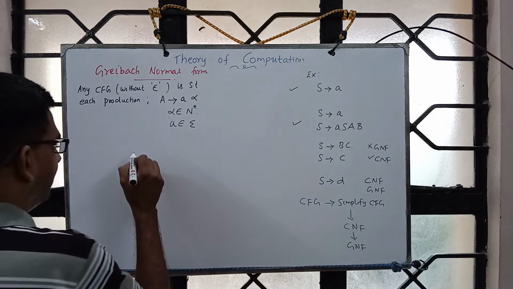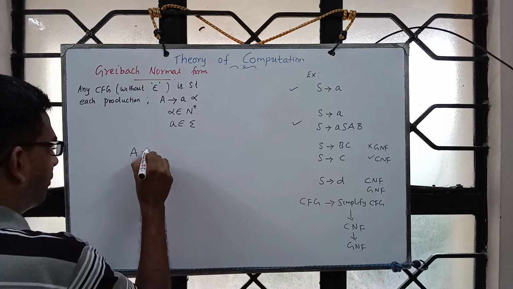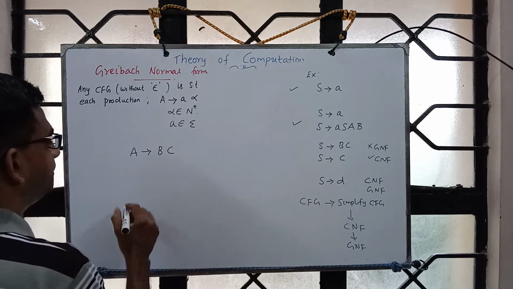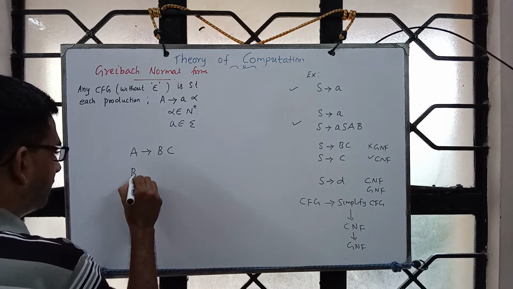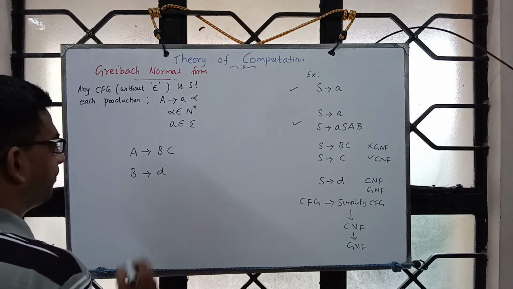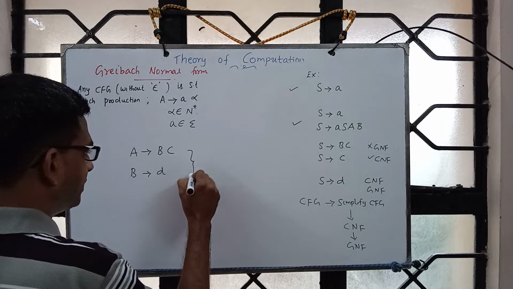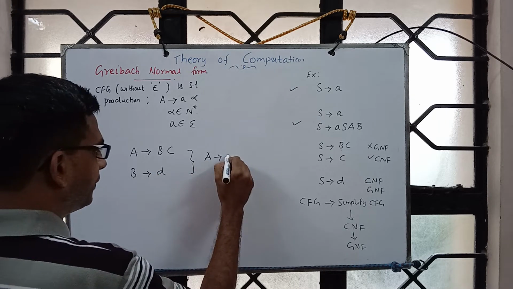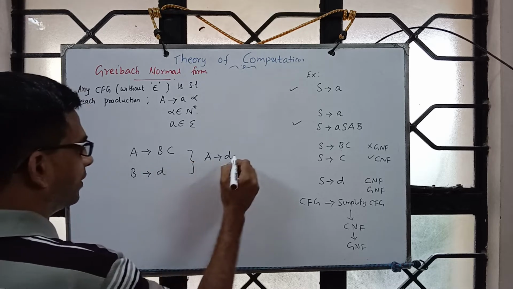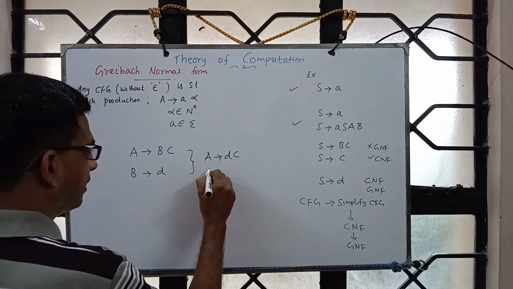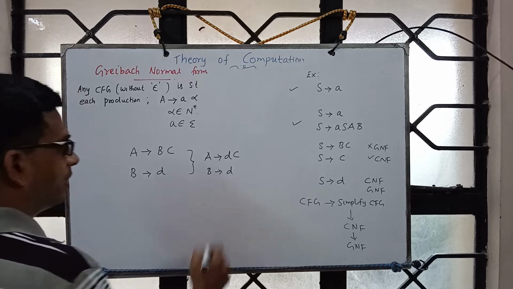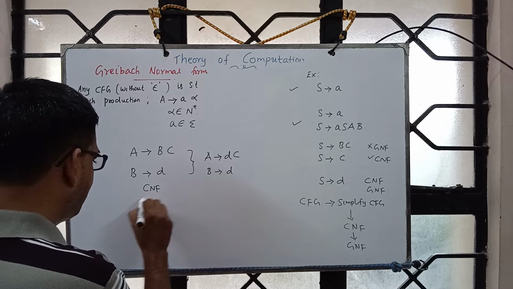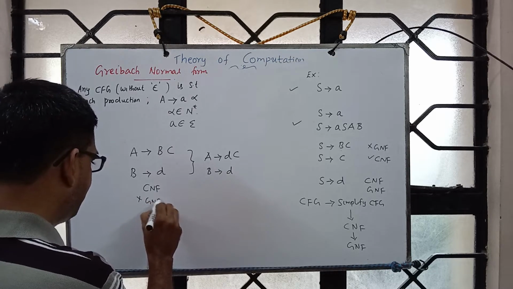Remember, if we get a production like A implies BC and say B implies D, one simple procedure is to substitute D for B, then we get A implies DC, B implies D. Now you see that this one is in CNF but not in GNF.